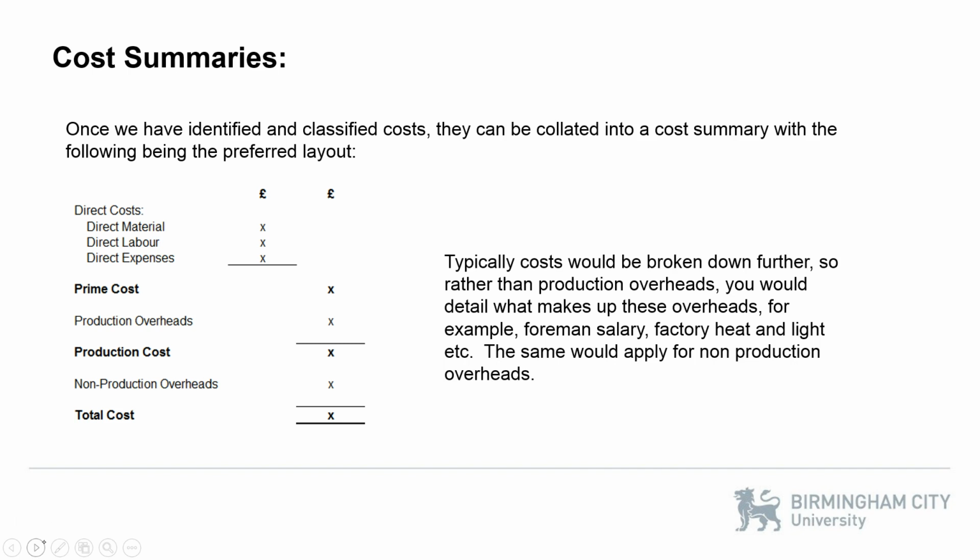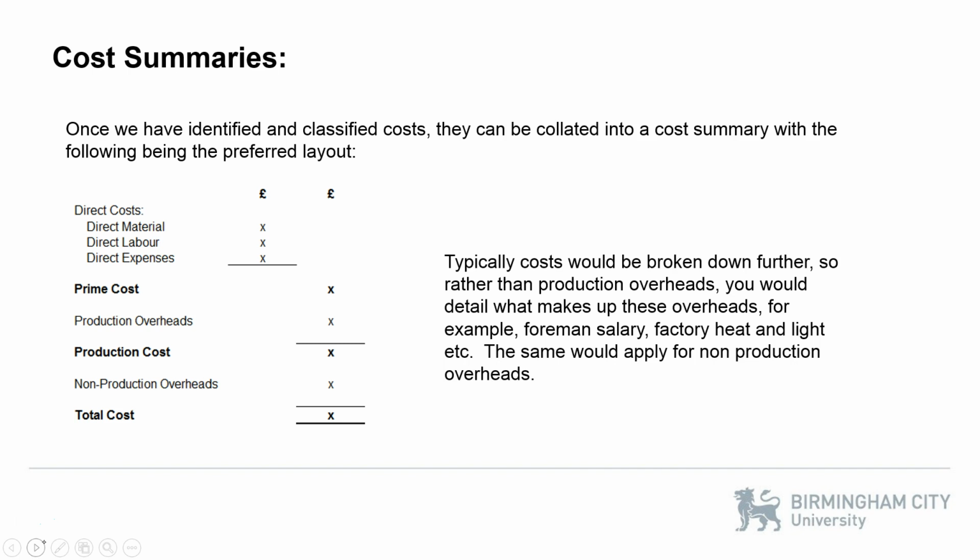Then we would look at our indirect costs. So those are the other costs that are incurred but cannot be directly related to our product. Those indirect costs, in the cost summary, we split between those which we consider production and those which we consider non-production.